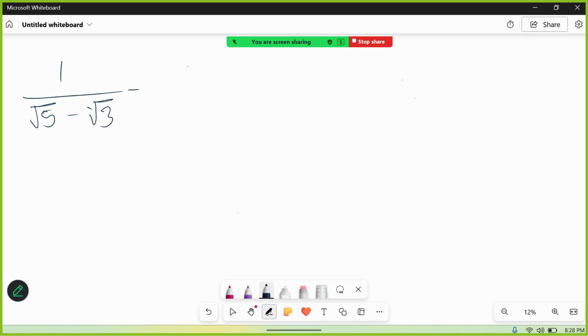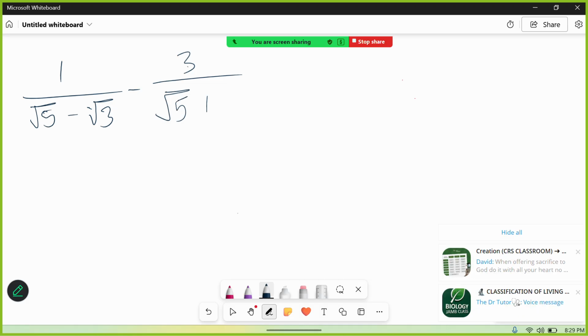When you see a question like this, is it minus root 3? Okay, root 3. Minus 3 over root 5 plus root 3. I think that's what they have there.